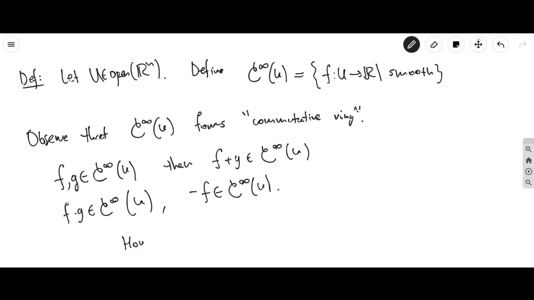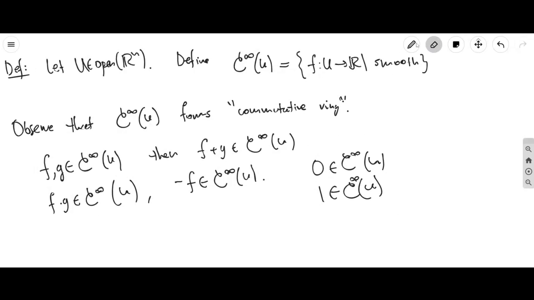You can also say there's an identity function, right? There's the 0 function. So here by 0, I mean the 0 function, not the number 0. This is a function that is the identity for addition. And it has a function that's the identity for multiplication. This is the constant function, and it's equal to 1.